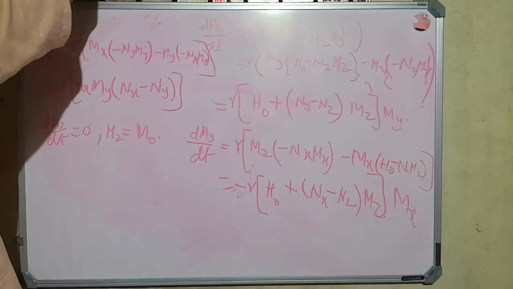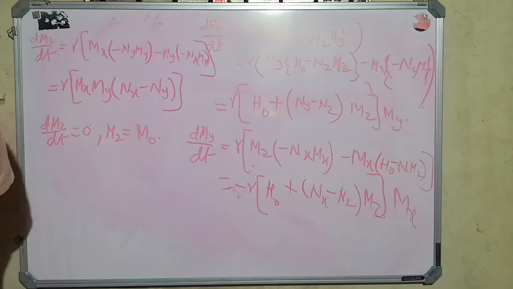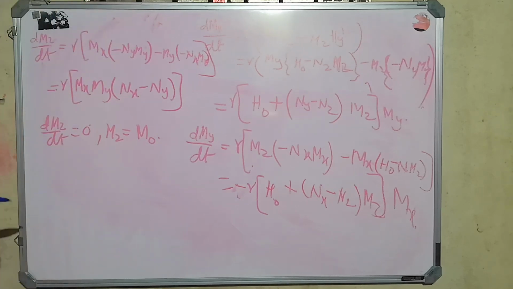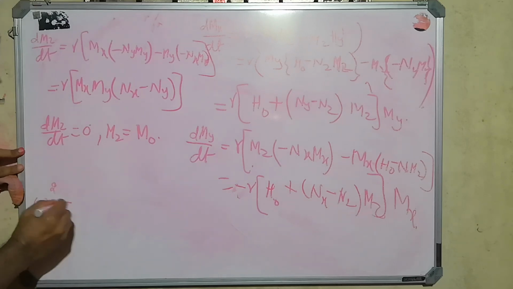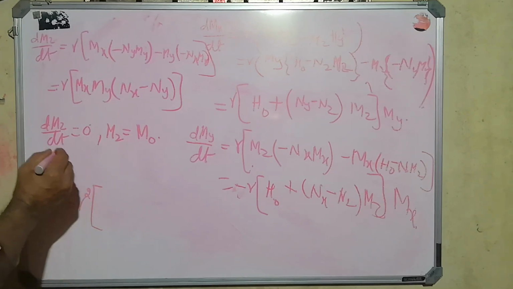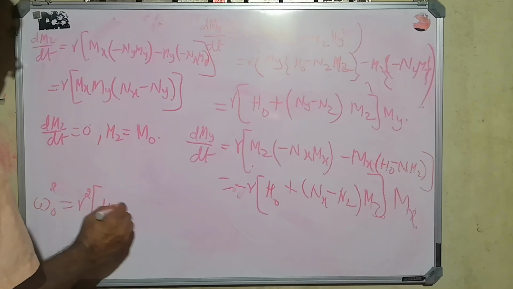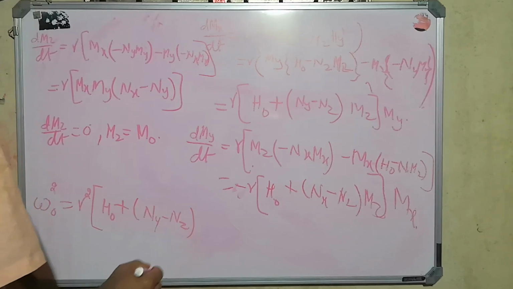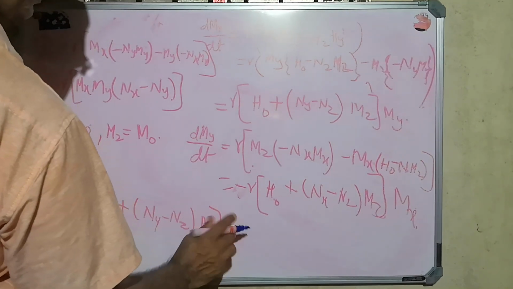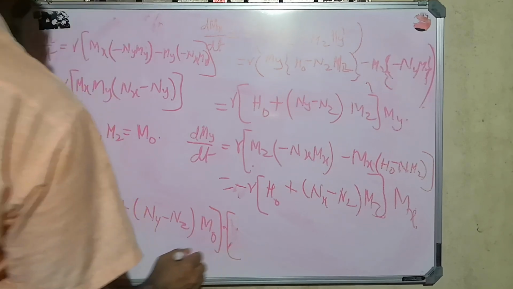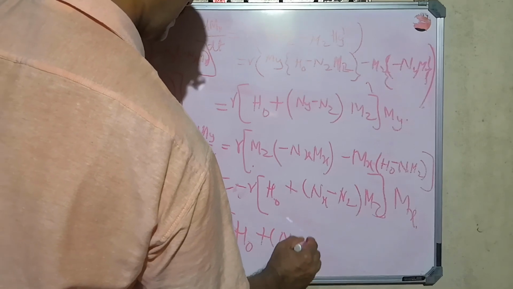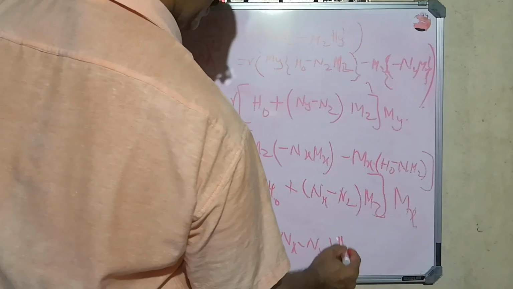Okay. So by solving these equations, we can obtain the expression for the resonant frequency: omega naught square is equal to gamma square into h naught plus ny minus nz into m naught, into h naught plus nx minus nz into m naught.